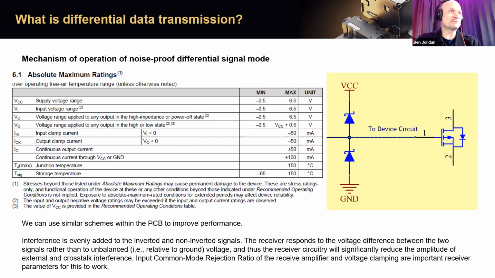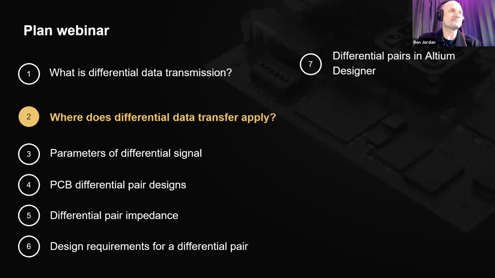And the output voltage range applied to any output in a high or low state can be from minus 0.5 volts, again, that's that ground clamp diode there, to VCC plus 0.5 volts, that's the VCC clamp diode. So you know those clamp diodes exist even if they don't tell you about them in the data sheet. So just be aware of that.